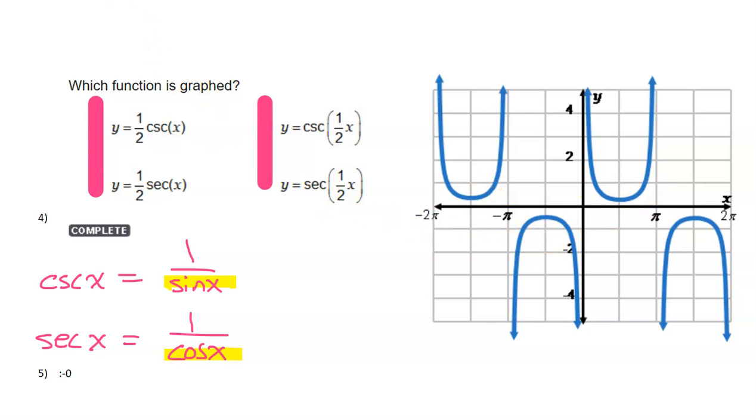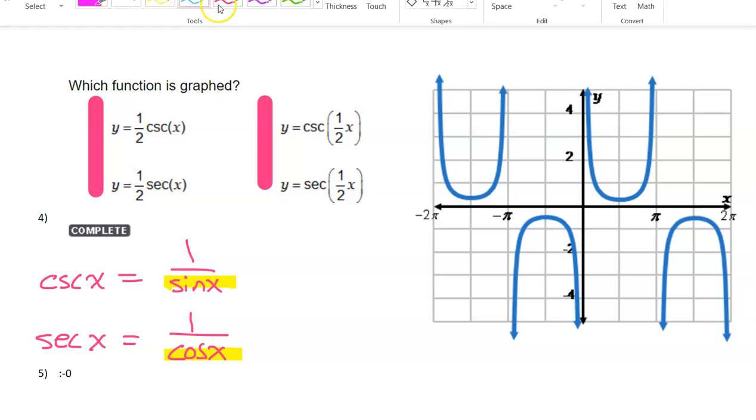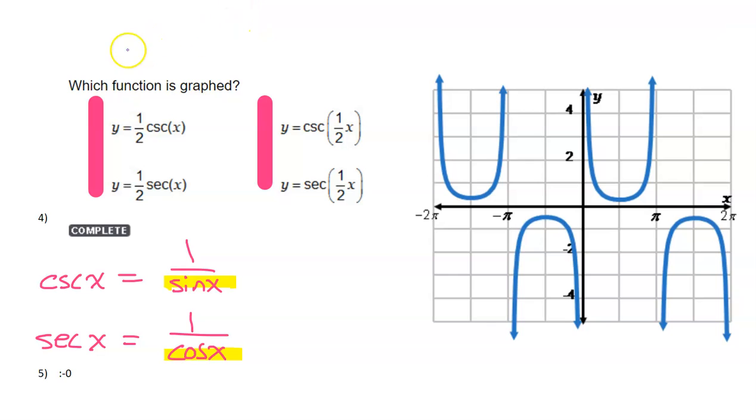So the second thing you have to keep in your mind, you have to know what the sine and cosine function look like. So for example, the sine function starts right at the origin, and it goes up and then down and back again.